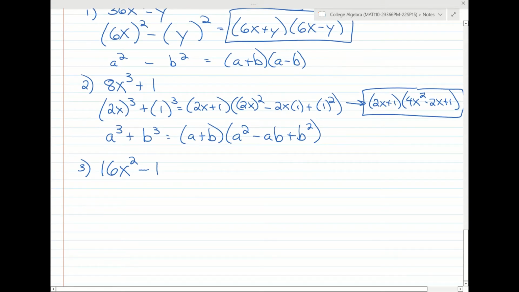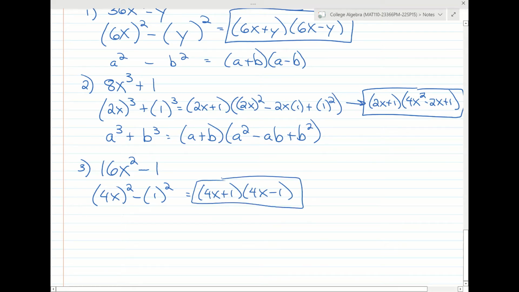What we want to do is write this as 4x to the second power minus 1 to the second power, or just 4x plus 1 times 4x minus 1. That would be how we factor our binomial.